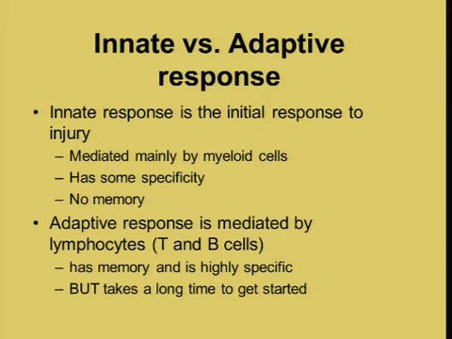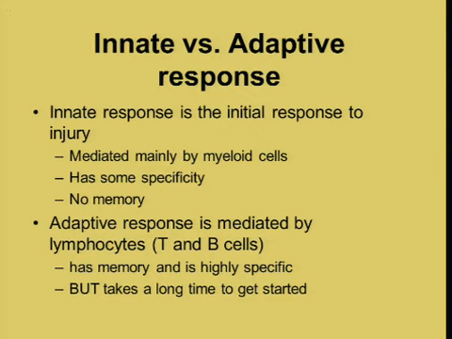The acquired immune system remembers that antigen. On the other hand, the adaptive response is mediated by lymphocytes such as T and B cells and has memory. It's highly specific and can distinguish very minute differences between one antigen and another, but it takes a long time to get started.